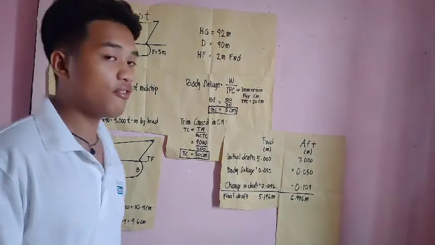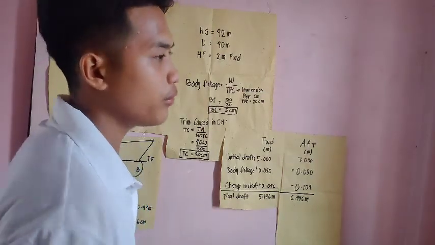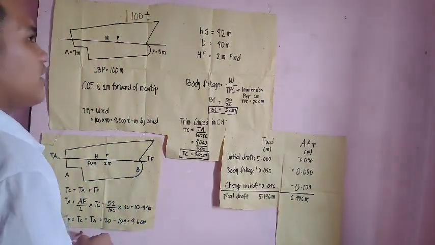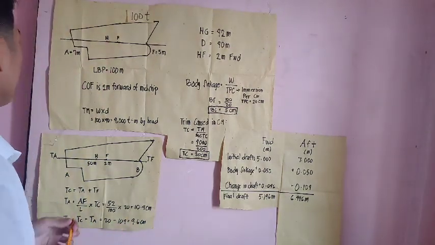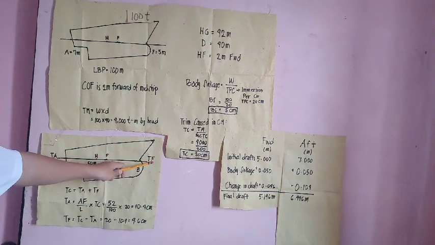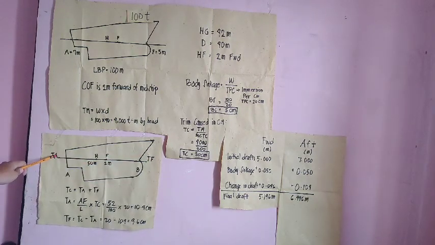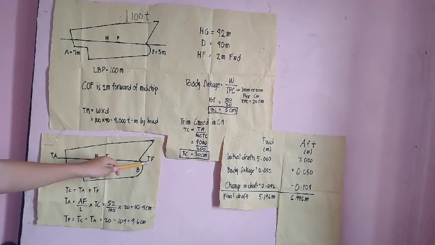To get our final draft, we need to solve for the change of draft in the forward direction and in the aft direction. So this is our TA, which means change of aft draft, and TF means change of forward draft.